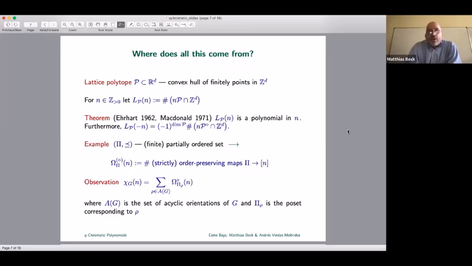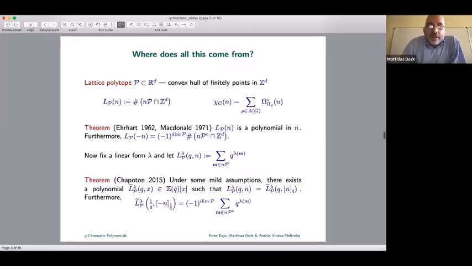So that's connection number one, and connection number two is somewhat recent work of Frédéric Chapoton, who has a q version of Ehrhart polynomials. This should now look familiar from the third slide. He fixes an integer linear form, and then instead of counting lattice points in dilates of polytopes, he weighs each lattice point with q to this linear form.